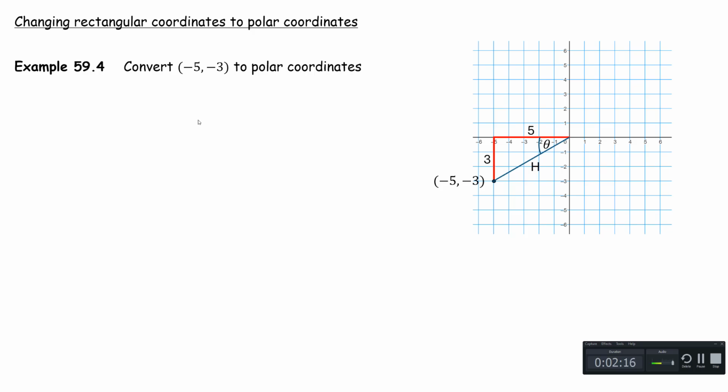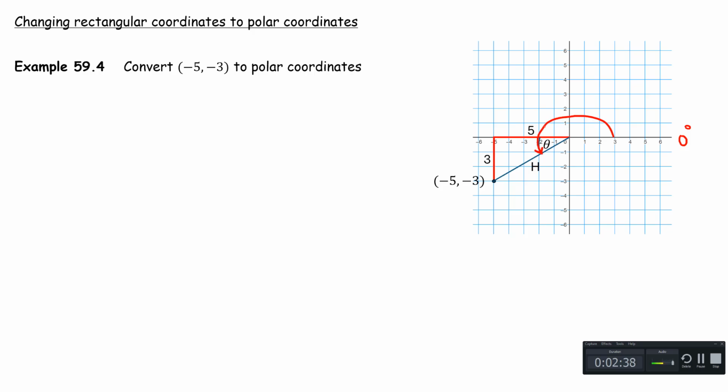Now we are going to find the angle between the x-axis and that hypotenuse or that radius. And then to get our answer, we're going to have to add 180 to that because we are talking about 0 degrees over here, and we're going to have to go all the way around to there.